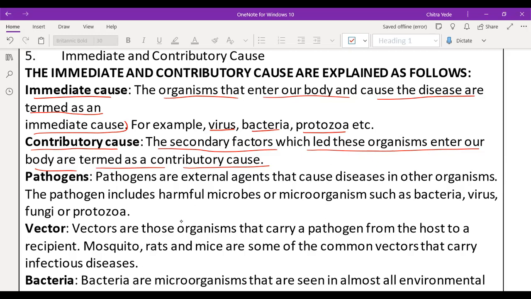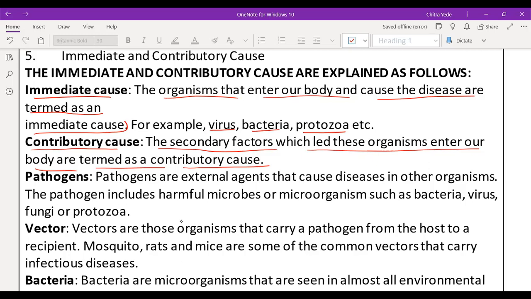Generally it causes infection first in the upper respiratory tract and then in the lower respiratory tract. It is called upper respiratory tract infection and lower respiratory tract infection, due to which absorption of oxygen reduces, and due to the deficiency of oxygen, the person dies.